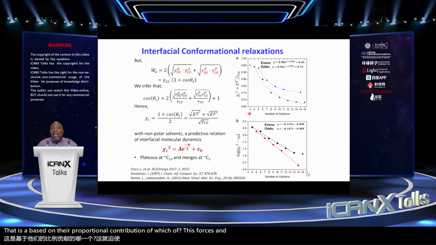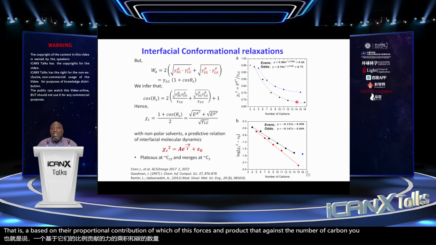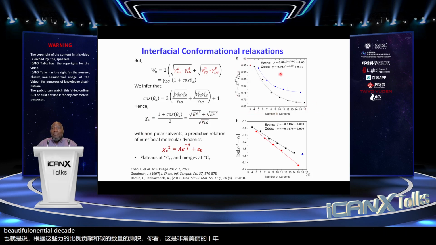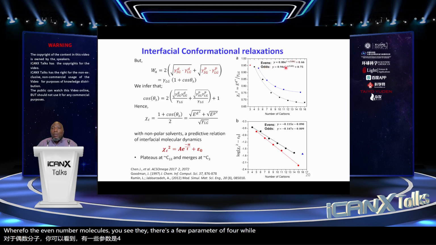And if you plot that against the number of carbons, you see these very beautiful exponential decays, where for the even numbered molecules, there's a fit parameter of 4, while for the odd numbered carbons, the fit parameter is 3. And we ask ourselves, does this have any correlation to anything we know about chemistry?